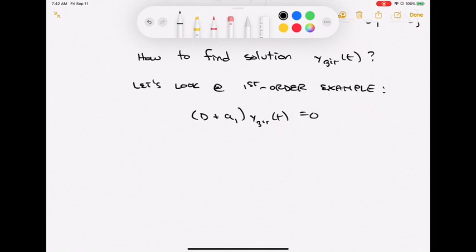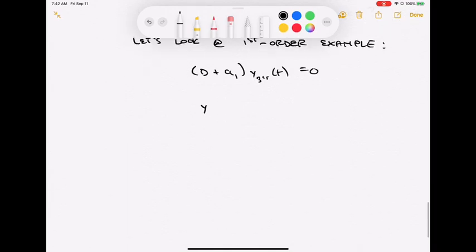If I rewrite that a little bit, that's y dot zir of t equal to minus a1 y zir of t. So I'm looking for a signal, a solution y, such that it's equal to a scale of its own derivative, or conversely, that the derivative is equal to a scale of the signal.